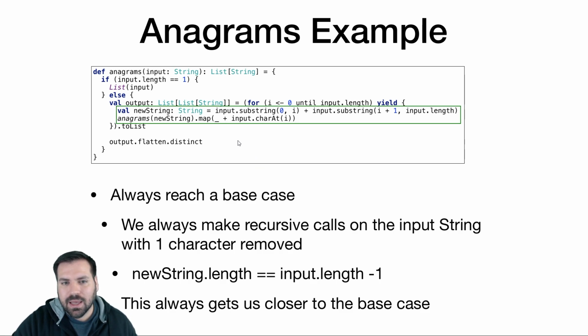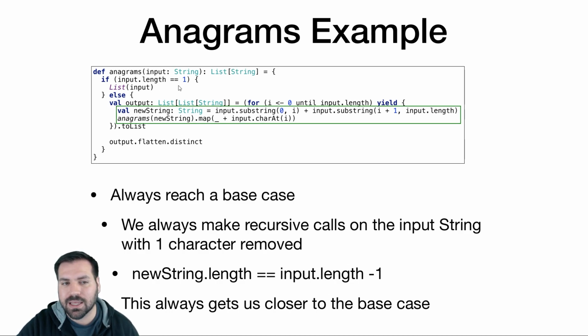And then we're going to remove a character from the string, and that's going to give us an input of the original length minus 1, which, as long as the input length is greater than 1, means we're getting closer to our base case. We're assuming that the recursive call is correct. And since it's getting closer to our base case, it will eventually be correct.